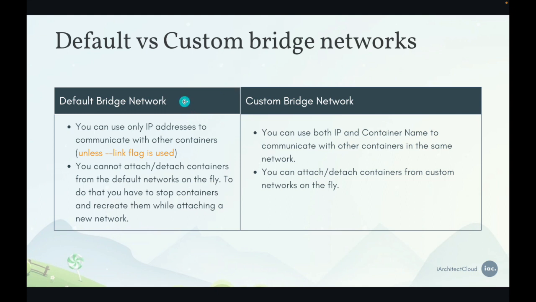In the Docker default bridge network, you can use only IP addresses to communicate with each other. But with custom networks, you can use both IP and the container name. And the next point is you cannot attach or detach containers from the default network on the fly. To do that, you have to stop and recreate the containers. But with custom networks, you can do that on the fly.